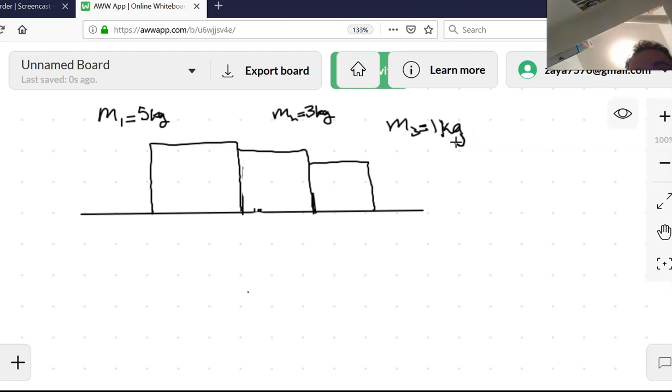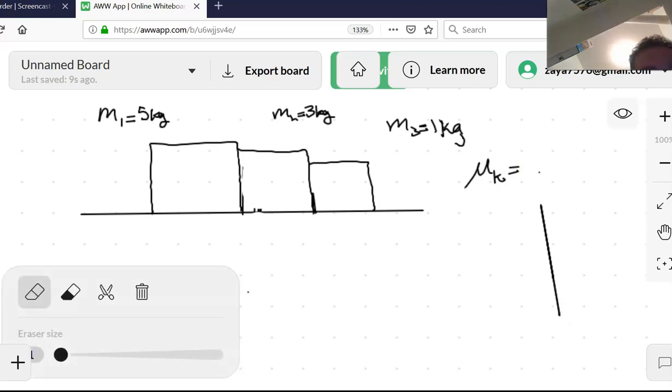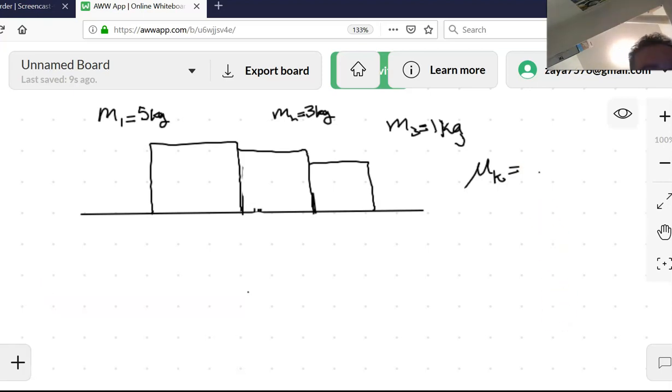Okay, so M1 is 5 kilograms, M2 is 3 kilograms, M3 is 1 kilogram. And the kinetic friction coefficient, choose it as 0.3.